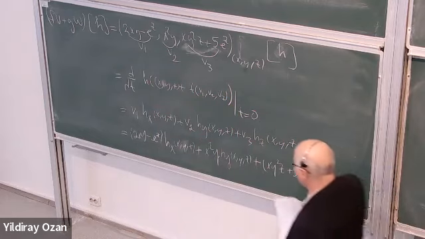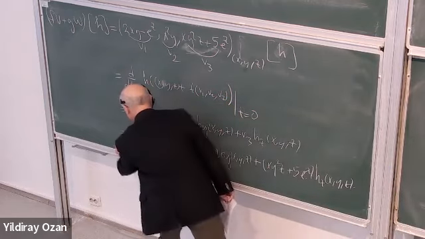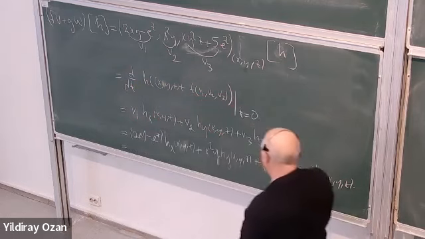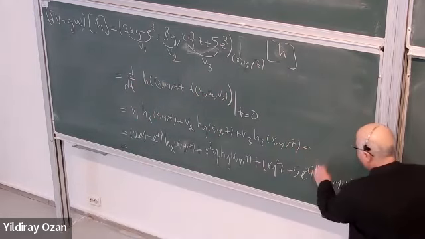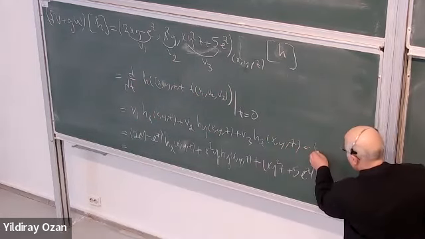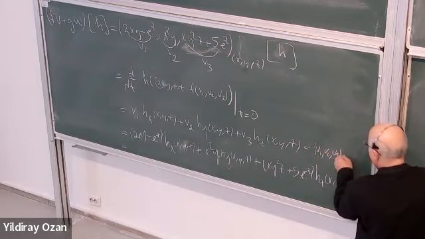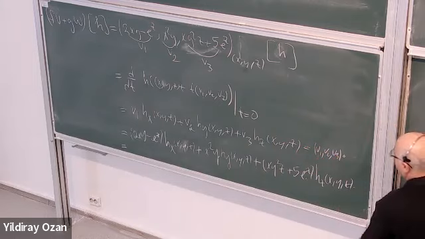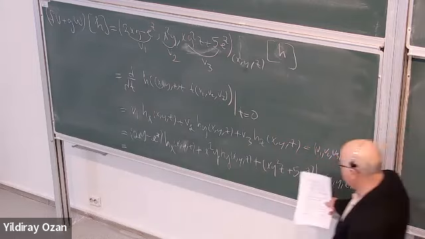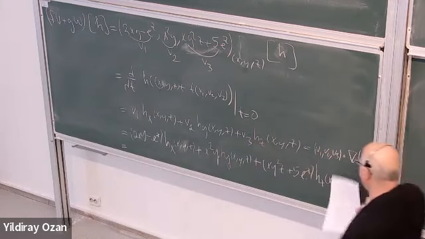Yes, this is nothing but this. This gadget is just the dot product of V1, V2, V3 and the gradient of H, right? So this is the same thing, okay?